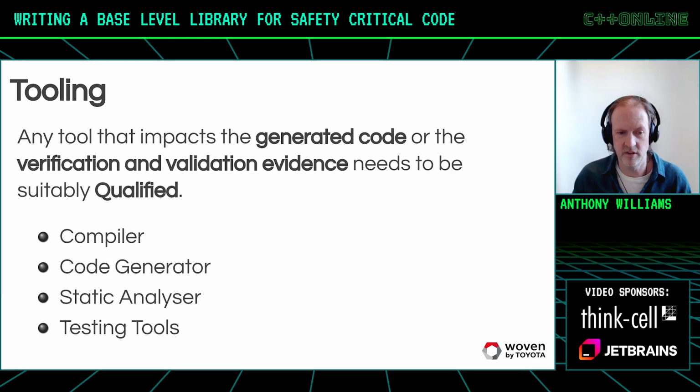In ISO 26262, there's the idea of the tool confidence level, the TCL, which is about how important this tool is to making sure that the software is running correctly. And again, like the ASIL levels for how serious the effects are, there are different TCL levels for what the consequence of the tool going wrong would be.